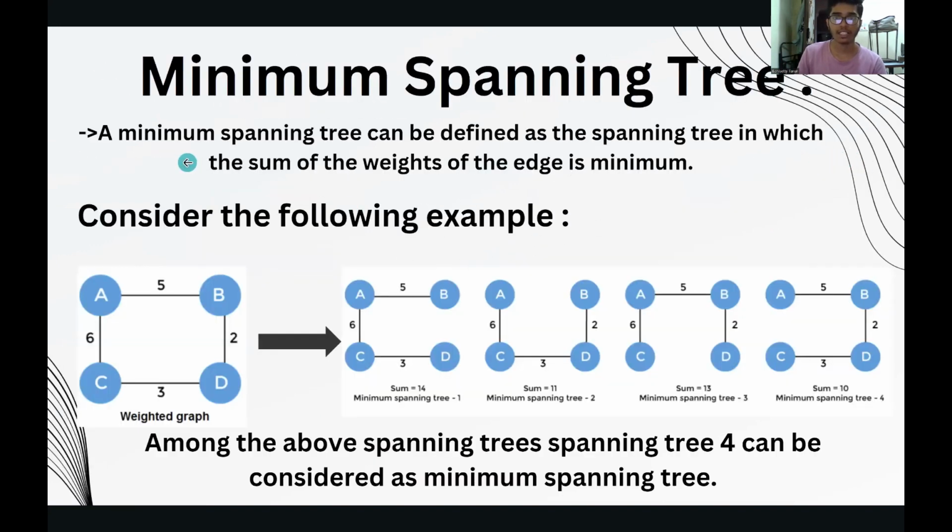And then after explaining spanning tree, I have explained what a minimum spanning tree is. Among these 4 spanning trees drawn from this weighted graph, spanning tree 4 is a minimum spanning tree because it has the lowest cost among the 4 spanning trees, which is 10. It has cost 10, which can be seen here: 5 plus 2 plus 3.